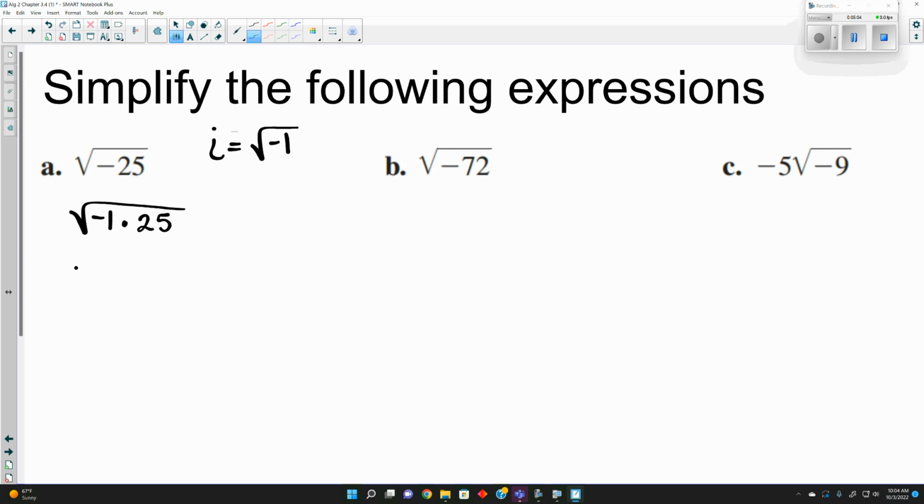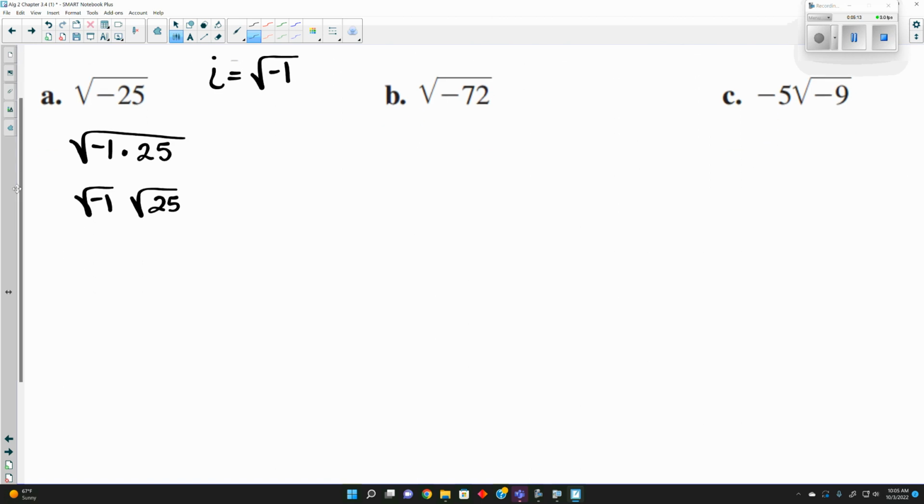We could say this is the same as the square root of negative 1 times the square root of 25. But we know what the square root of 25 is. Square root of 25 is what? And what did we just define the square root of negative 1 as?